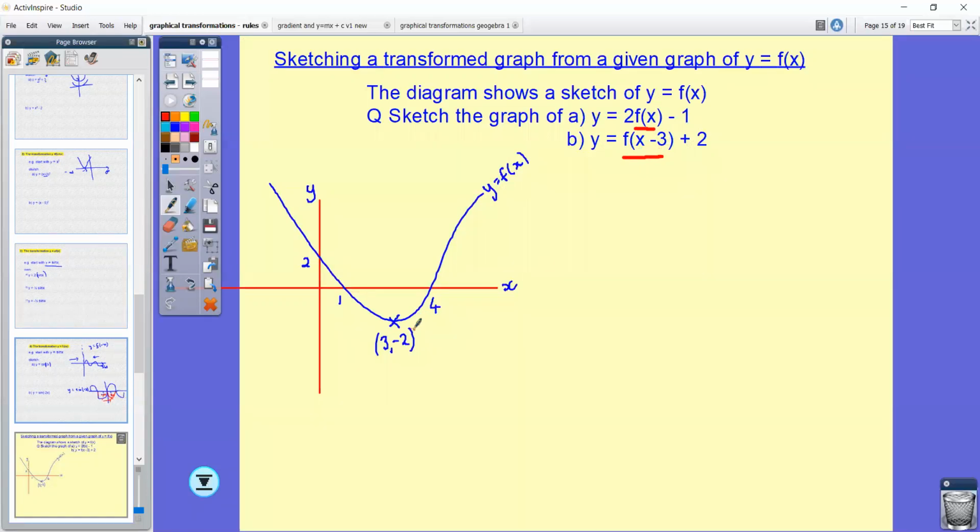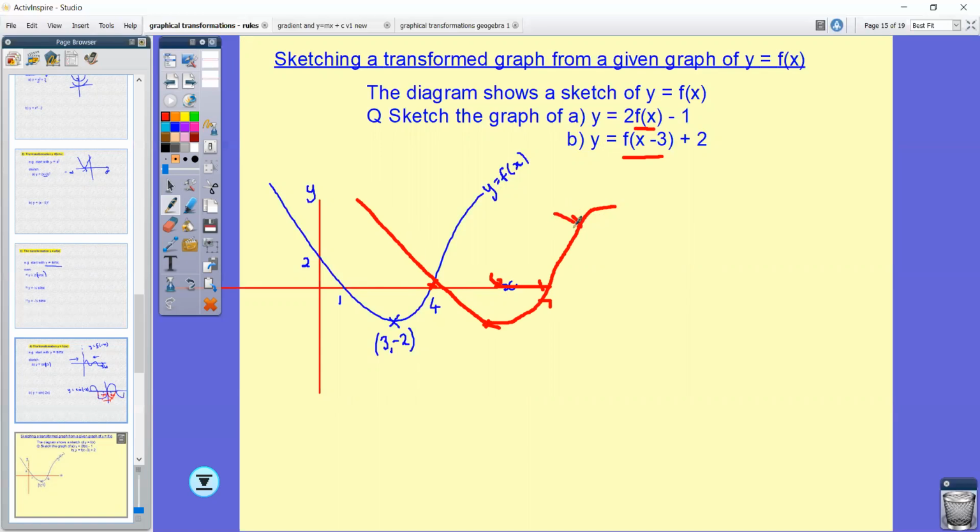If we're delaying it by 3 units, that's going to be 6, minus 2, isn't it? 4 is going to occur at 7, and the 1 is going to occur at 4. So the first stage of drawing this would be something like this. So I do it in stages.